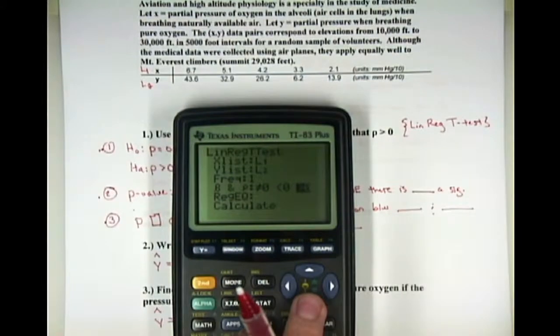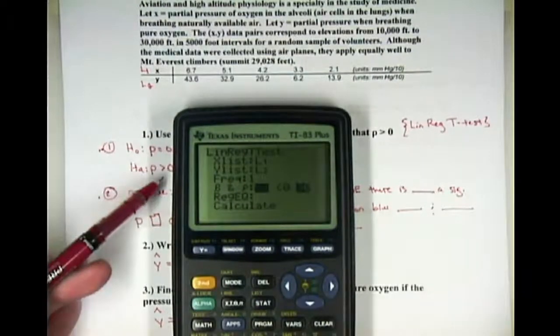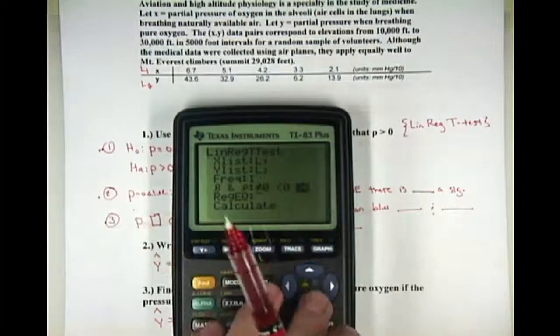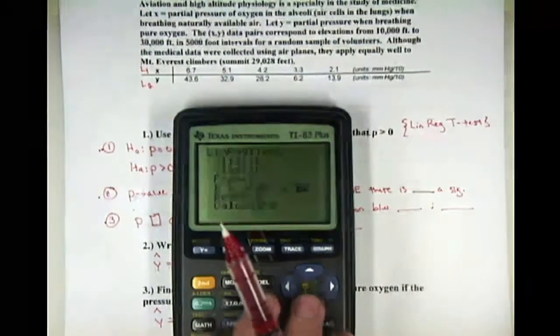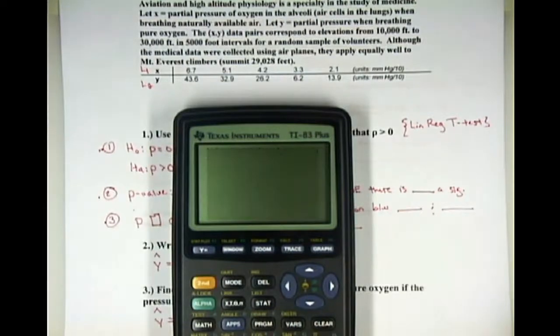Frequency is always 1 because I do not have stacked data. It says beta and rho in your alternative. In our alternative, it's greater than 0, so that's already been selected. That's great. The regression equation, I don't want that, but we want to Calculate, and it's going to think about it for a minute. And here it comes.